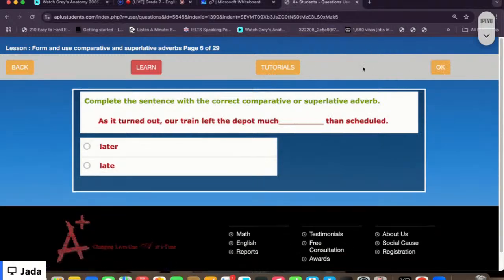All right, so we have: as it turned out, our train left the depot much dash than scheduled, late or later.